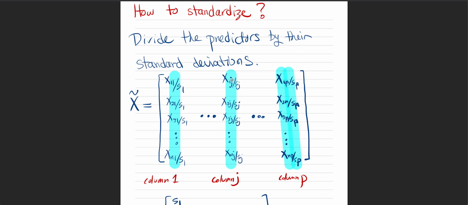The jth column is divided by the standard deviation of the jth column, and the pth column is divided by those. So once you make that division, you have a different design matrix, which I will call X tilde.